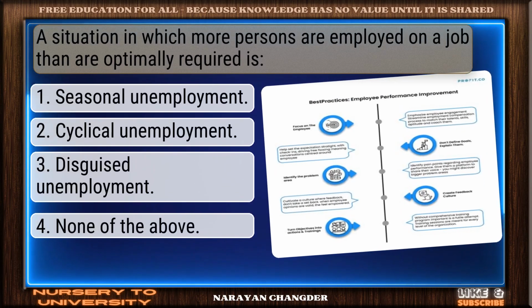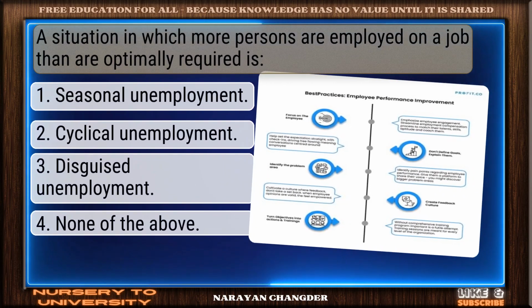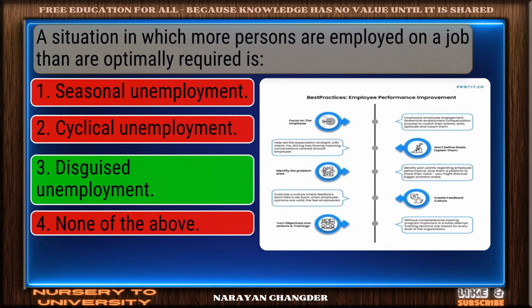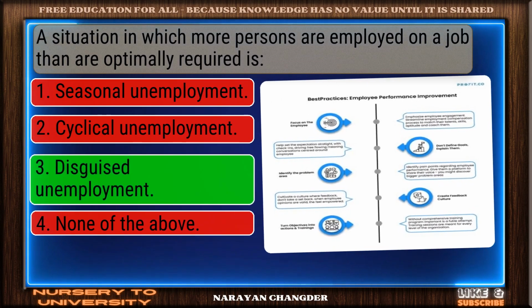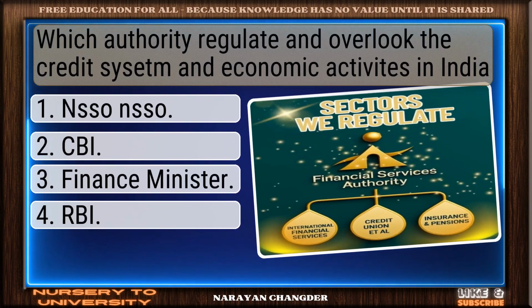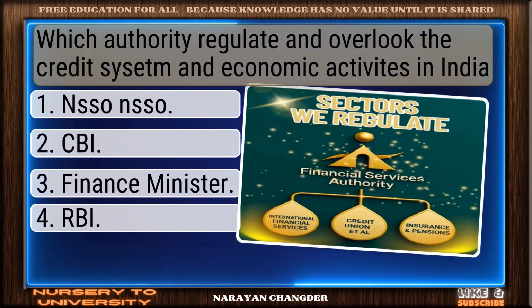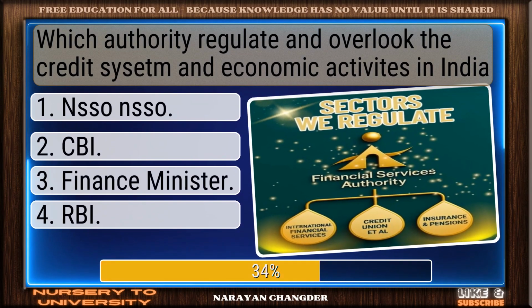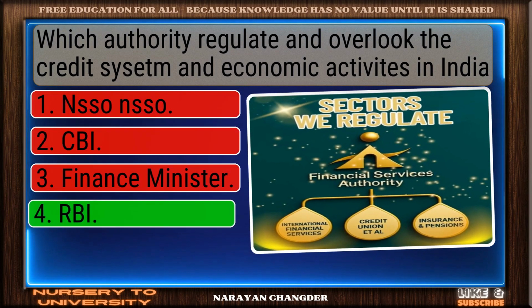A situation in which more persons are employed on a job than are optimally required is dash? Nice selection. Disguised unemployment is correct. Which authority regulates and oversees the credit and economic activities in India? You got it?